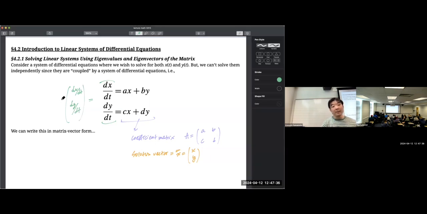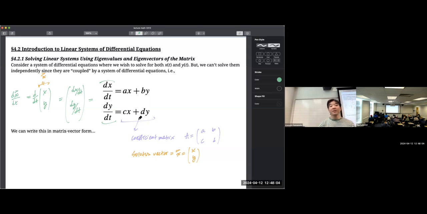I'm just going to extract this as the t derivative on the vector xy, where d dt applies to this and to this, and it'll give you this. But we just said that xy is the solution vector, so this is just vector x.